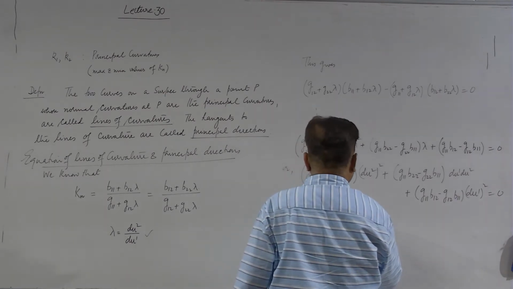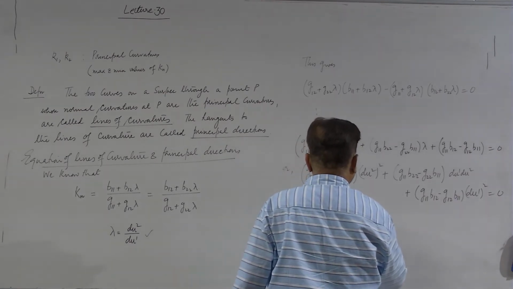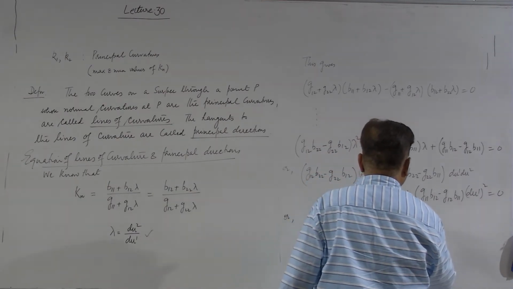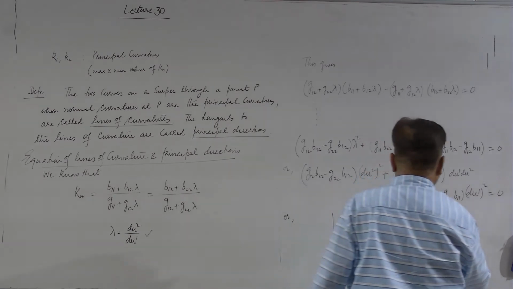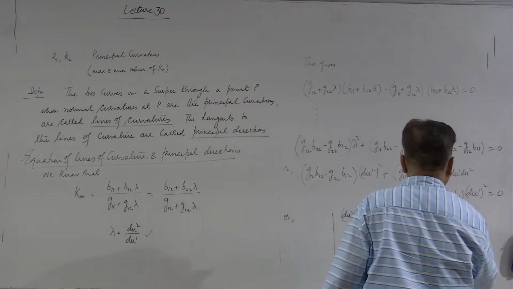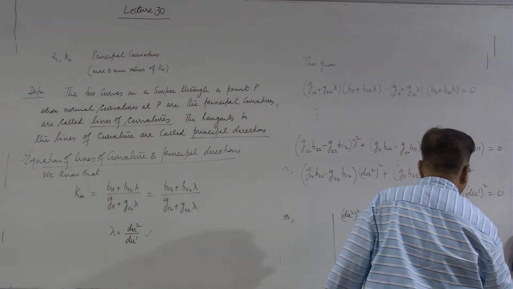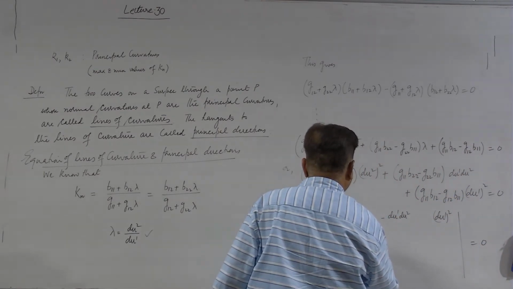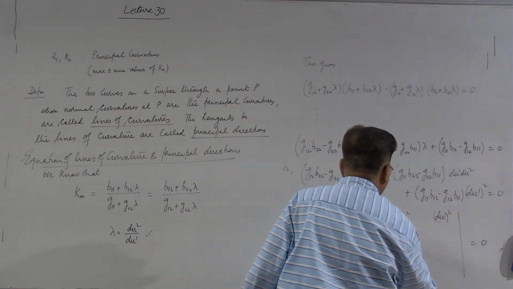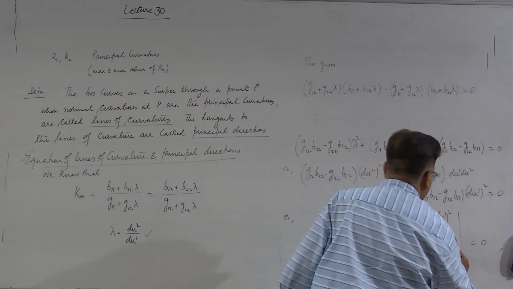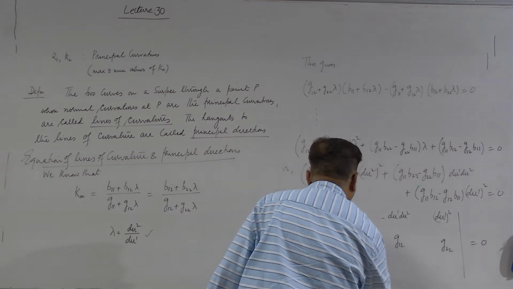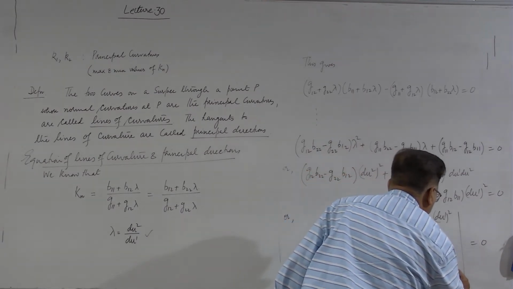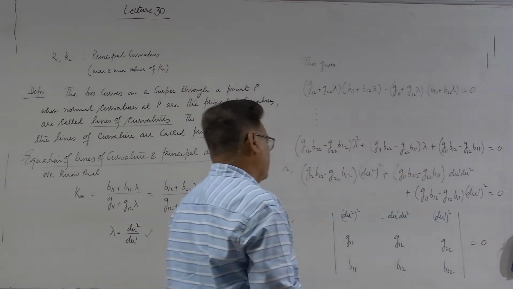So, this looks like du2 square minus du1 du2 and du1 square equal to 0. Here it will be g11, g12, g22, b11, b12 and b22. This equals to 0.